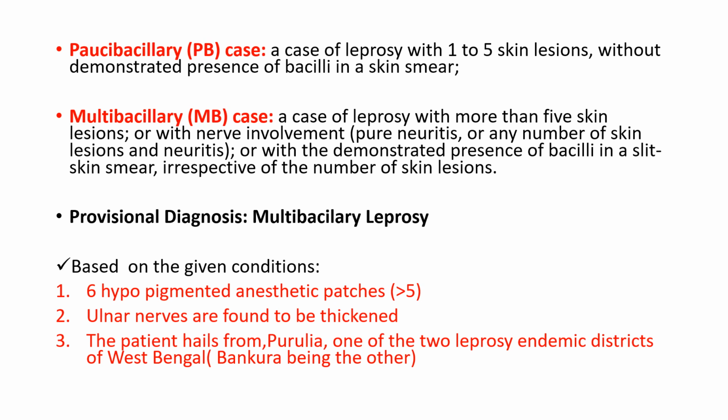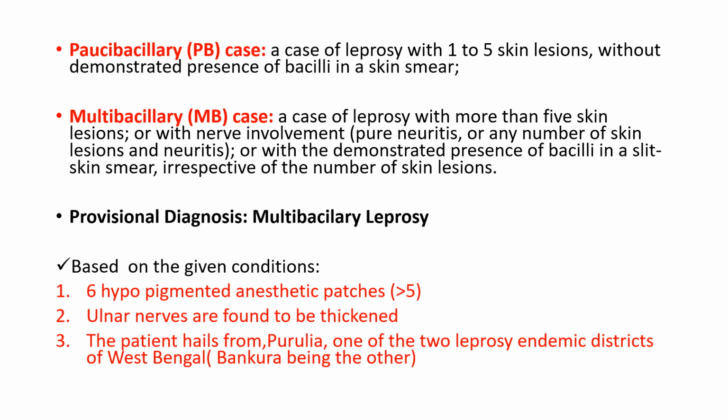Now, the provisional diagnosis as per this diagnostic criteria in this particular card puts it under the category of multibacillary leprosy. So how did we deduce it? Because of certain given conditions. What are these? In this particular one there are 6 hypopigmented anesthetic patches, which fits the criterion of more than 5.